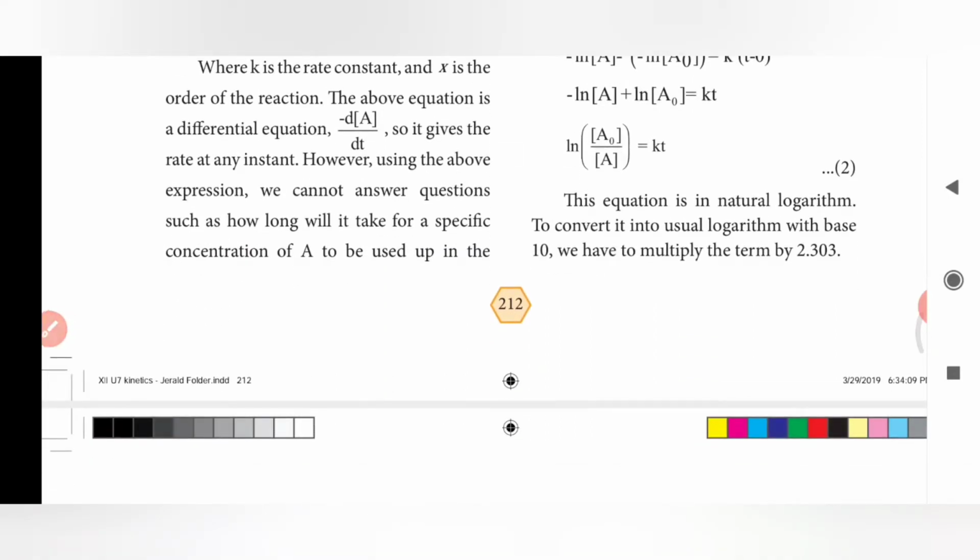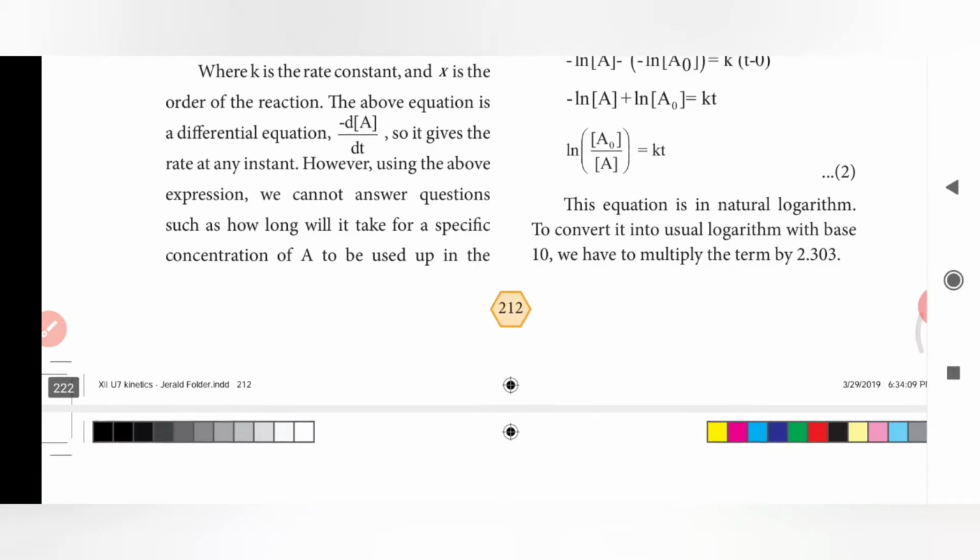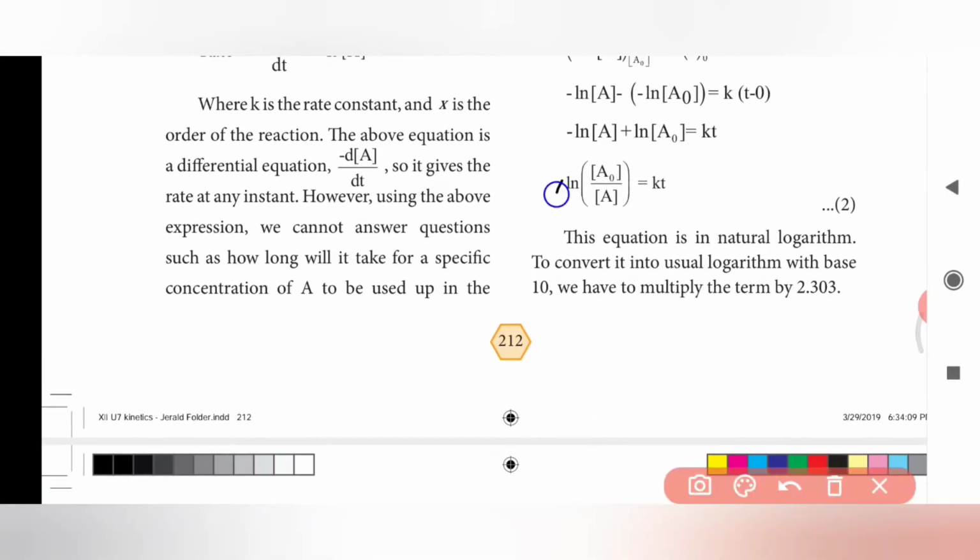To convert it into the usual logarithm with base 10, we multiply the term by 2.303. Here we apply the value of ln, which is ln equal to 2.303 log.